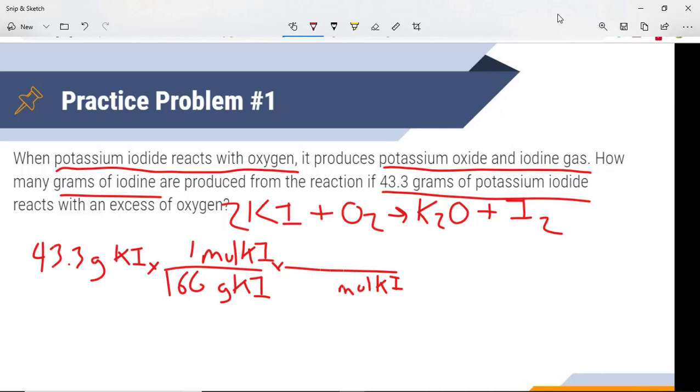We want to be able to get to grams of iodine, so we need to go to moles of iodine. And again, we use the coefficients of our balanced chemical equation, so that's going to be 2 and 1. And since it's asking for it in grams, we need to go from moles to grams of iodine.